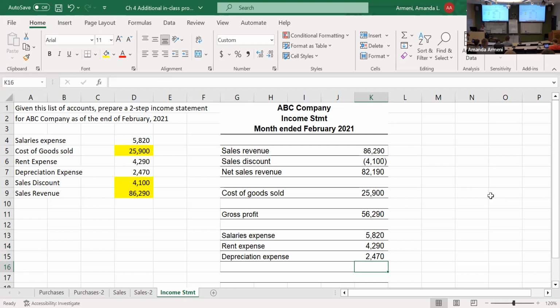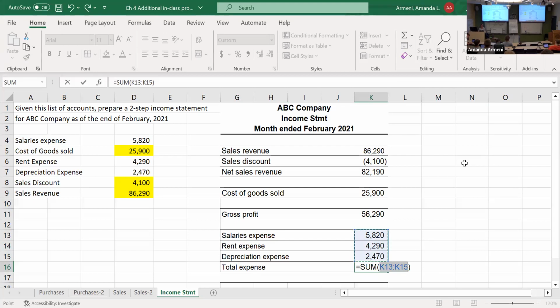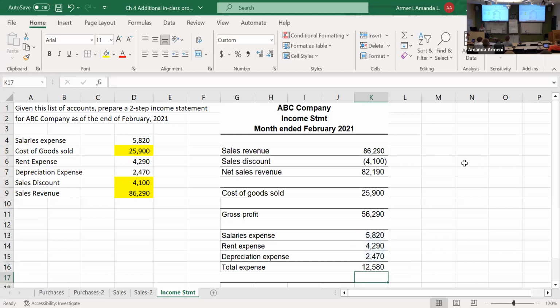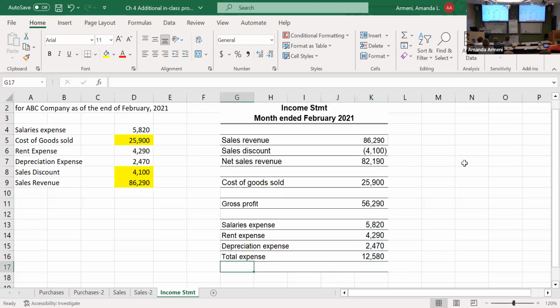I can then calculate a total expense using that little summation formula. I told you that's my favorite one in this class because you could tell Excel just by clicking it. And Excel says, do you want me to add this? And I say yes by hitting my return button. Total expenses, 12,580.